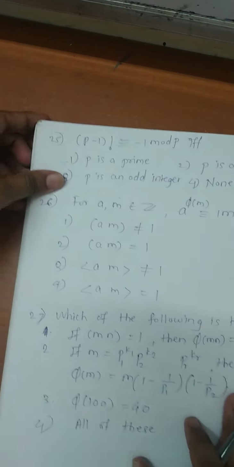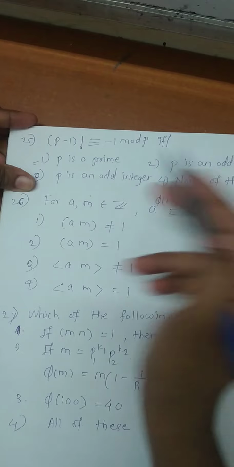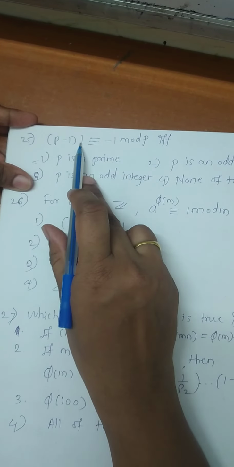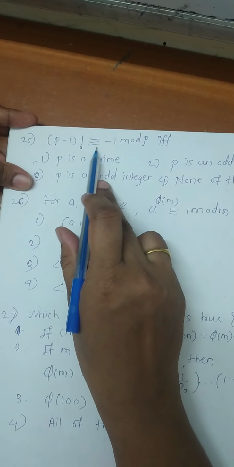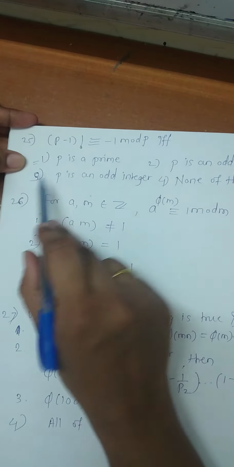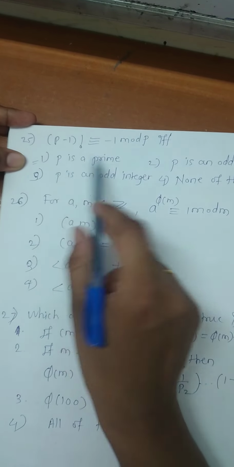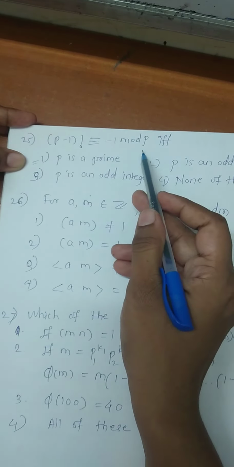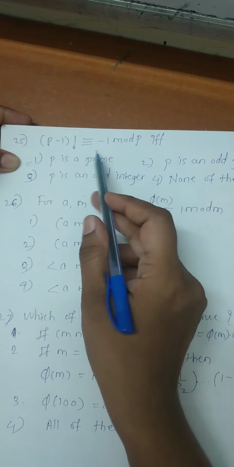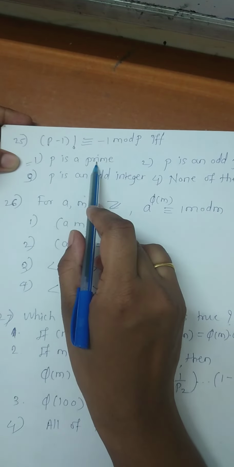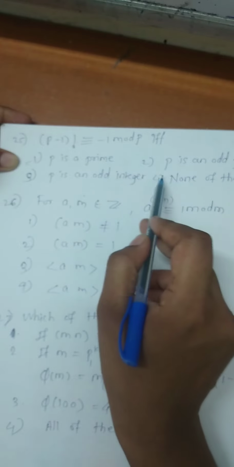Next MCQ. P minus 1 factorial is congruent to minus 1 mod P if and only if what? This is Wilson's theorem, a very important theorem. If and only if P is prime, or P is an odd prime? Which one is correct?